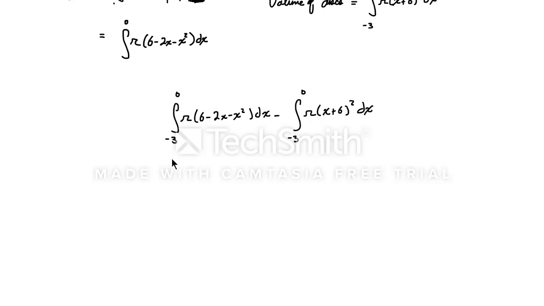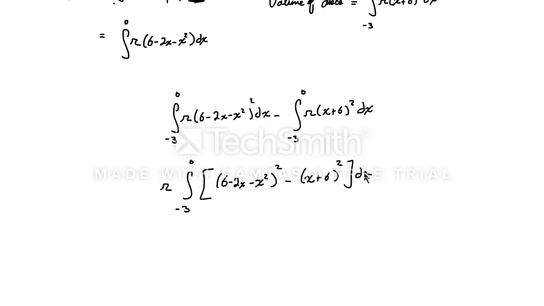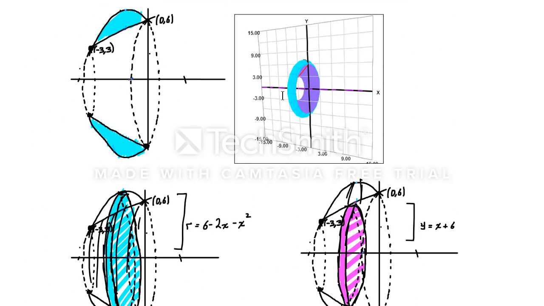Because of the rules of sums and differences of integrals, as well as the ability to factor out a pi, it becomes pi times the integral from -3 to 0 of (6 minus 2x minus x squared) squared minus (x plus 6) squared dx. The value of this integral, when properly evaluated, is 152.66 or so. That is the answer to the volume of this solid.